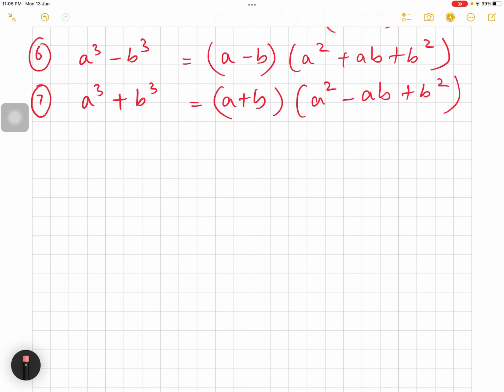Let's solve the first problem. Simplify.